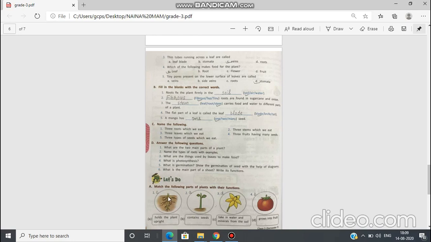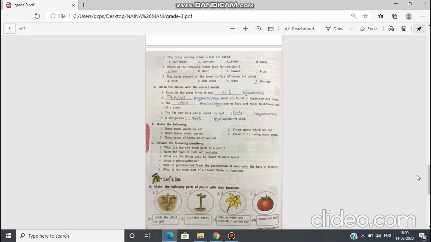Root. Yes. Grows into fruit. That is bud. Now you have to write here 1 C, 2 A, 3 D and 4 B.